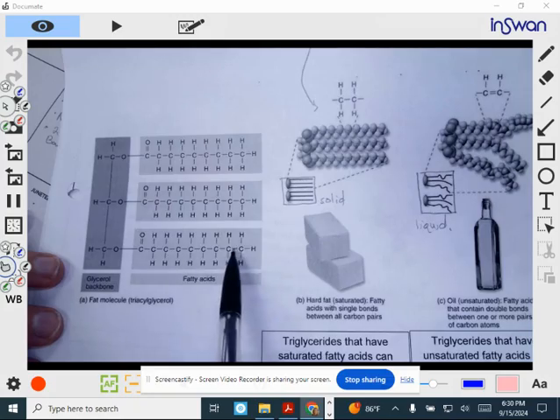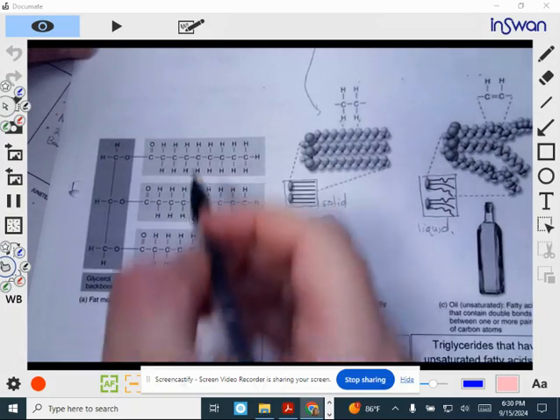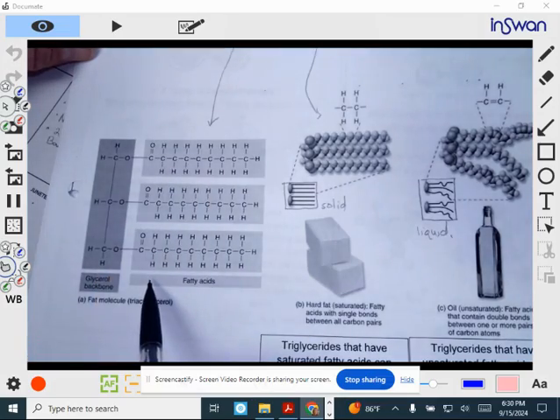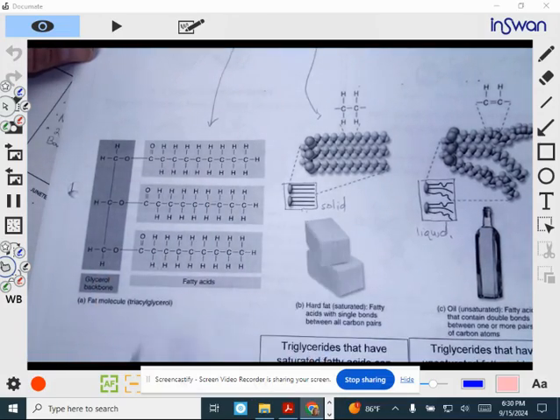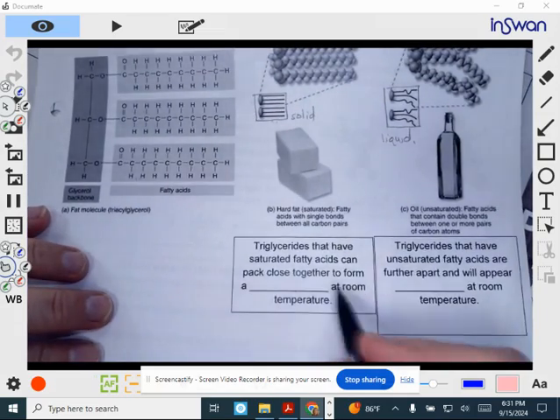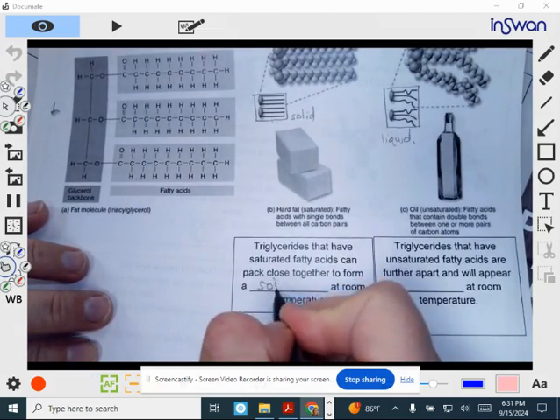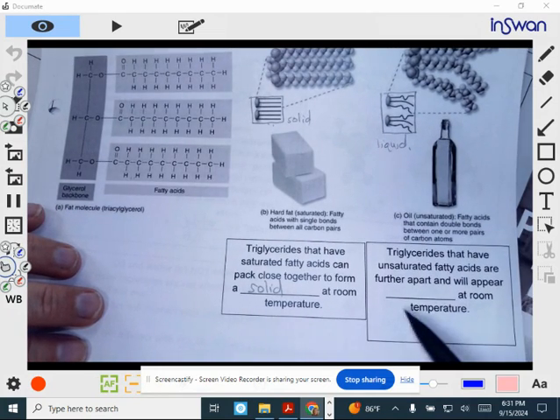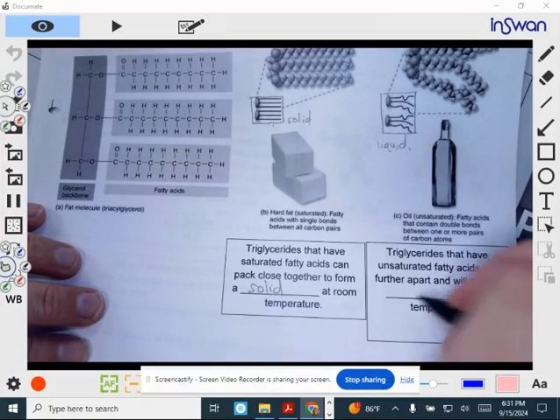There are no double bonds, so you're looking at a saturated triglyceride, a saturated fat. It's going to lead to a solid being formed at room temperature. So we already said that we can get a solid at room temperature because they can pack close together. And your good triglycerides that are unsaturated are going to be liquids at room temperature.